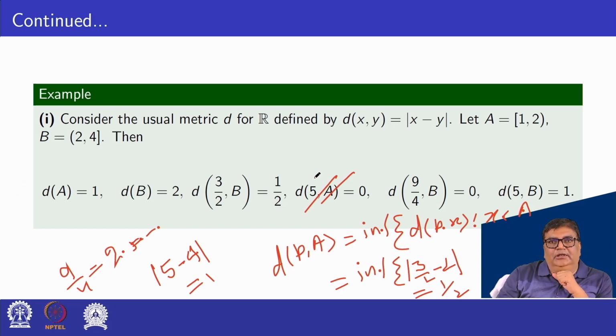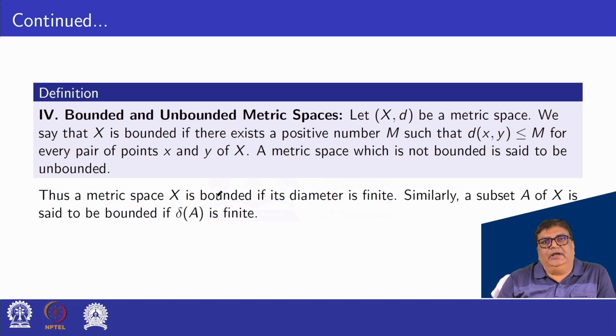Next definition: bounded and unbounded metric spaces. Let (X,d) be a metric space. We say that X is bounded if there exists a positive number m such that d(x,y) is less than or equal to m for every pair of points x and y of X. A metric space which is not bounded is said to be unbounded. Thus, a metric space X is bounded if its diameter is finite.